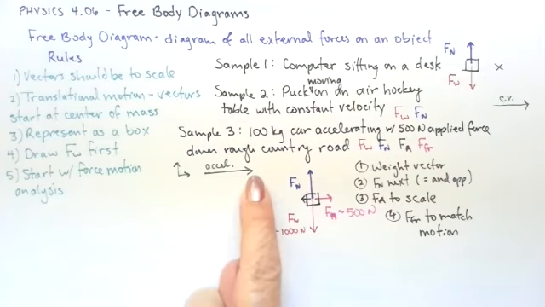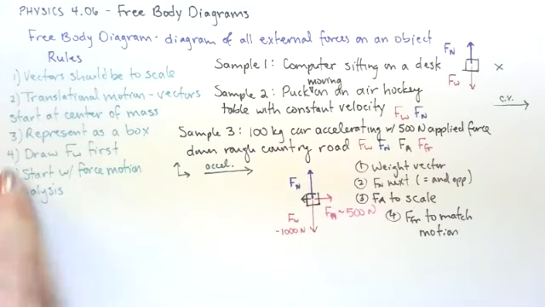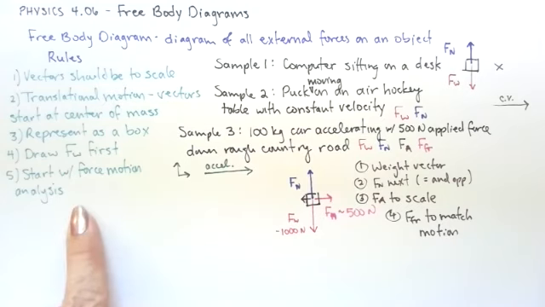I have acceleration in the horizontal, so I have to have an unbalanced force in the horizontal. I know that this is 500. I know that this is around 1,000. My vertical has no motion, so those forces have to be equal and opposite. This takes practice. You're going to get a lot of practice doing this in the next chapter. Most of our free body diagrams are going to look like this.